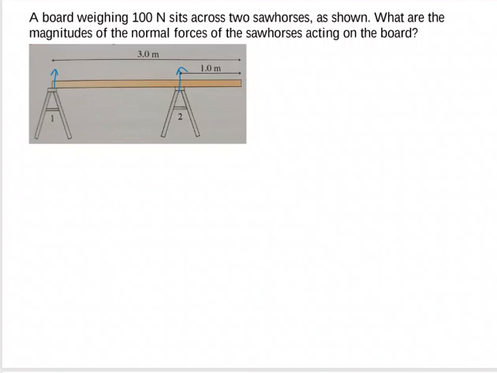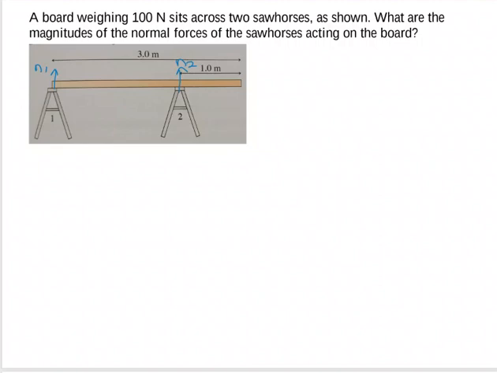Some kind of free body diagram. First, let's label this picture. We will have normal 1, this guy, and normal 2, this guy. Since this is sawhorse 1 and sawhorse 2, they've already labeled it 1 and 2, so we'll call it normal 1 and normal 2.